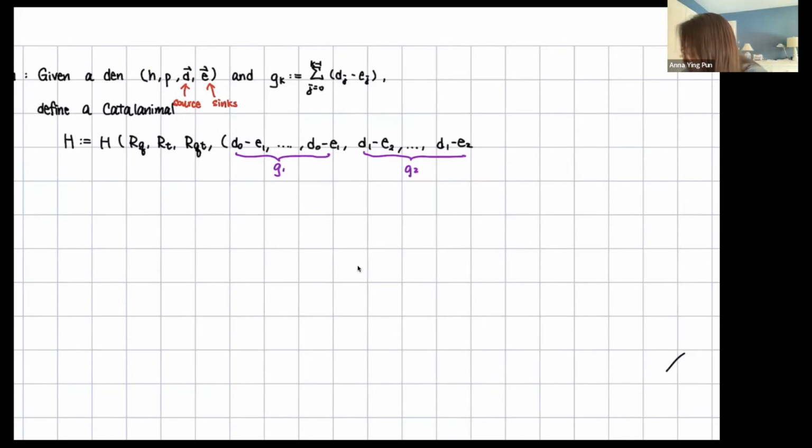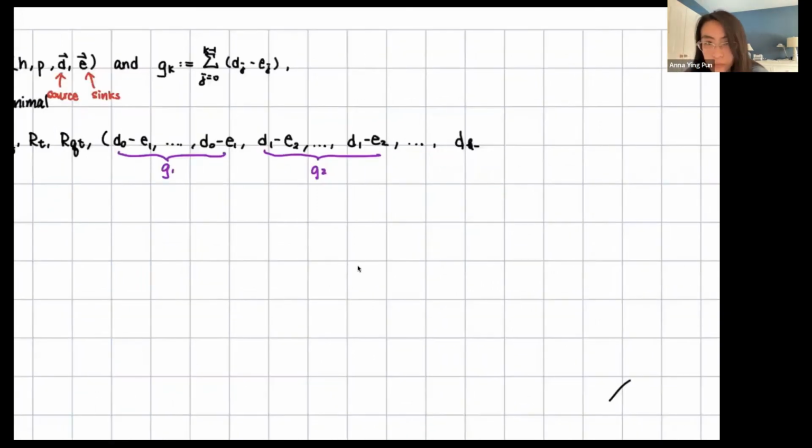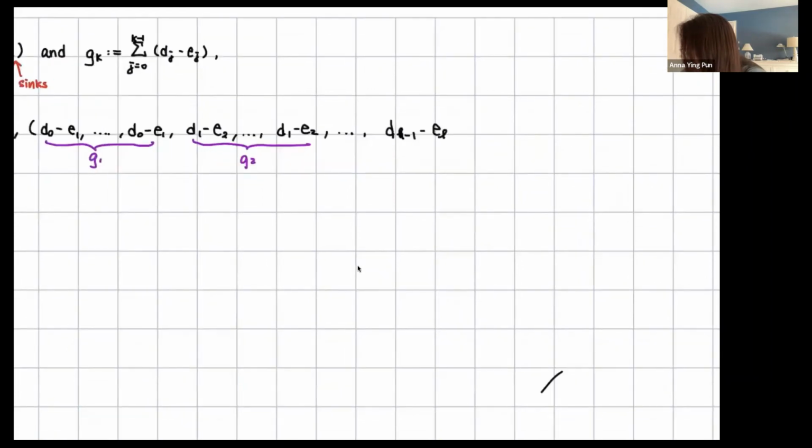And then you do all these up to the last one, which is D_{H-1} minus E_H up to D_{H-1} minus E_H. So that's a long thing, okay?